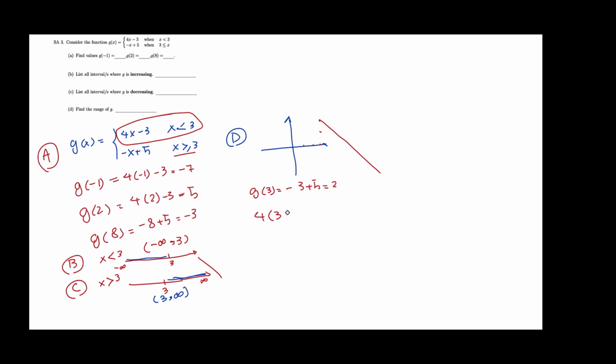See, 3 is not part of that, but I can plug it in to find an empty point in there. So that's 12 minus 3 equal to 9. And basically it's 1, 2, 3, all the way to 9.